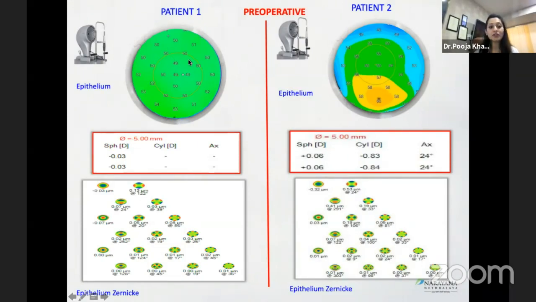So if you see here, if it's normal epithelium, then post-operatively the epithelial aberrations will be within normal limits. But if there is any epithelial irregularity present here, you can see the center is around 55, the periphery is 60. And if you see the refractive error of just the epithelium, it is plus 0.06 with minus 0.83, and a lot of aberrations present here.